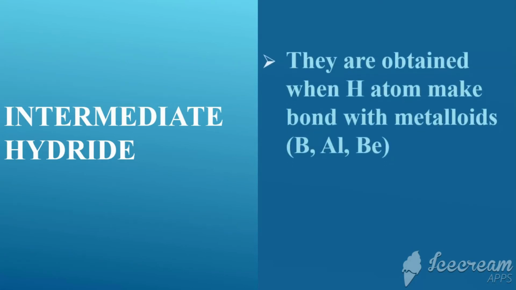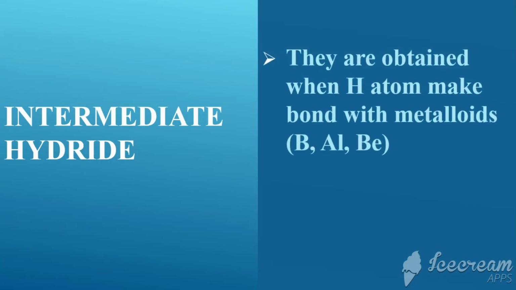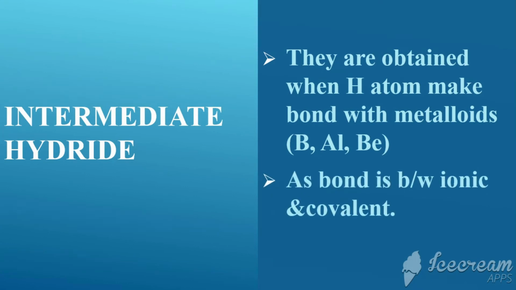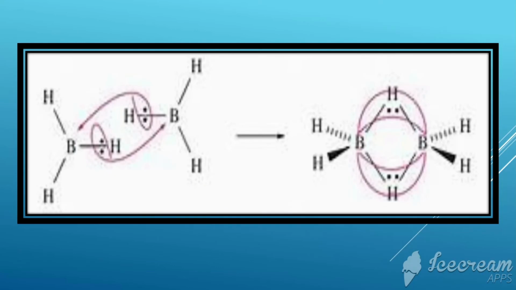Intermediate hydride: when hydrogen makes bond with metalloids, that are weak metals having properties between metals and non-metals, that is boron, aluminium and beryllium. This is known as intermediate because their bond is in between ionic and covalent.